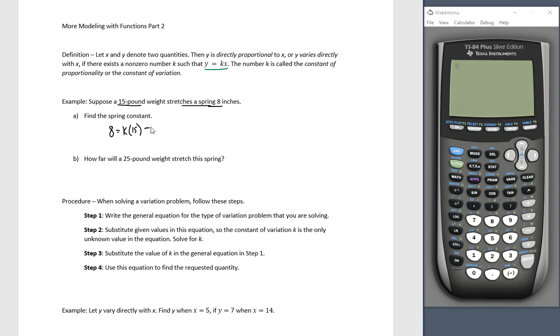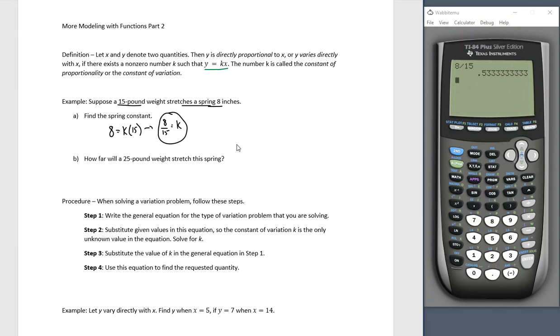If I divide both sides by 15, we get a horribly ugly decimal, 0.5333333. Let's leave it as 8/15. That's the spring constant, and it tells us how strong a spring is. The stronger the spring, the less it's going to stretch. A higher weight, lower spring.